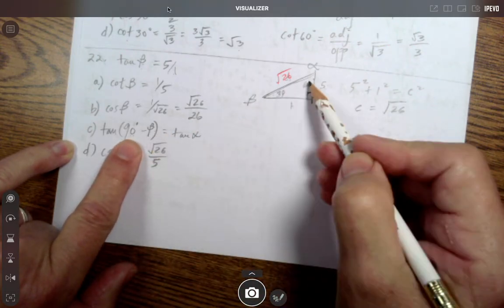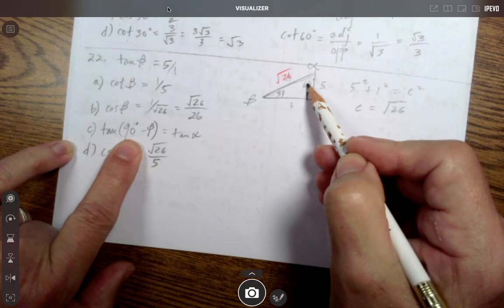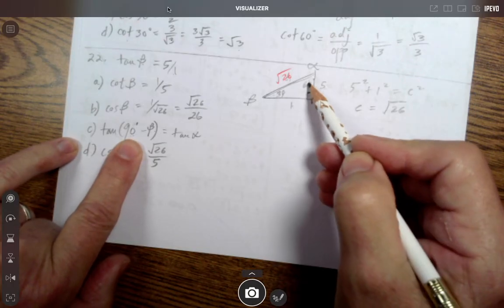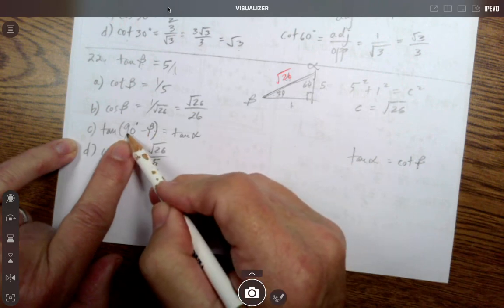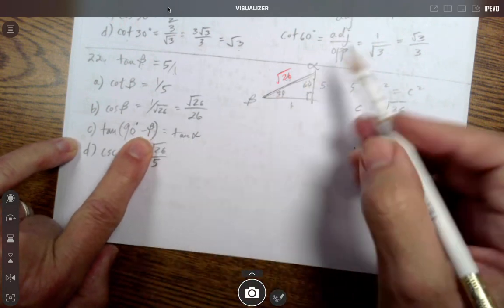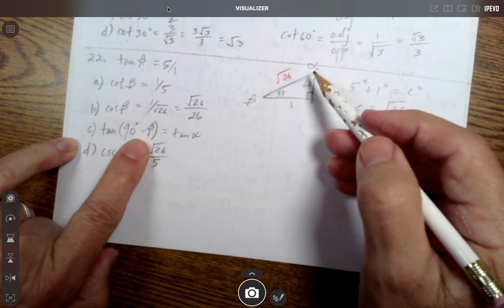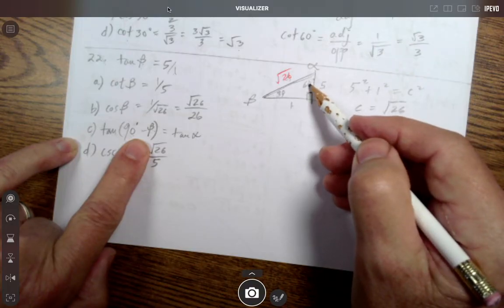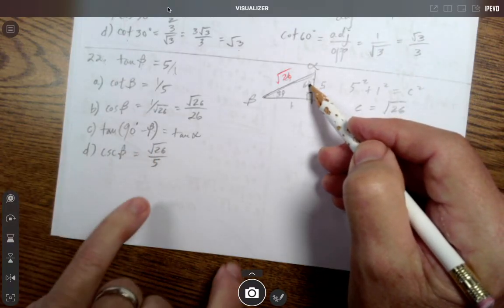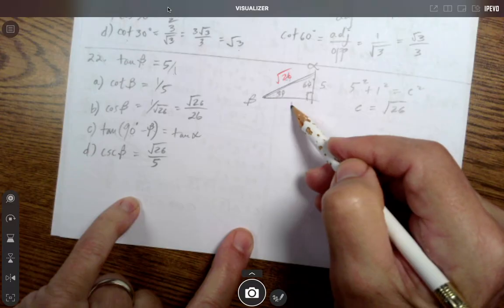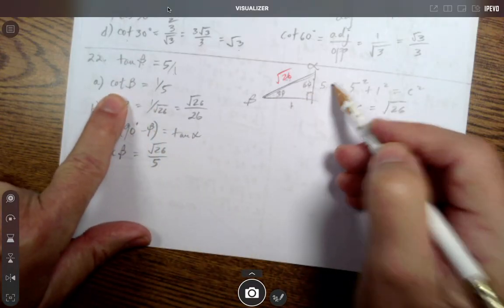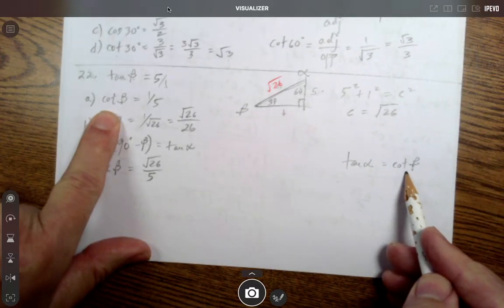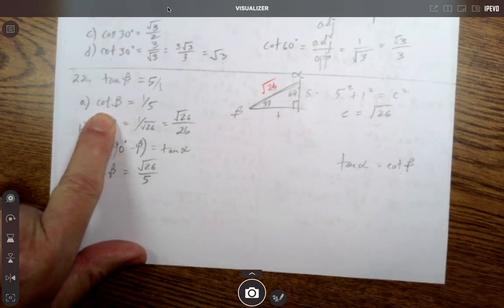So then I'm really just talking about this other angle here. Or I could, if I wanted to, think of it that way, right? So tangent of 90 minus beta is really asking for the tangent of this, which is this over this, 1/5, which is the cotangent of beta, right? So think about that.